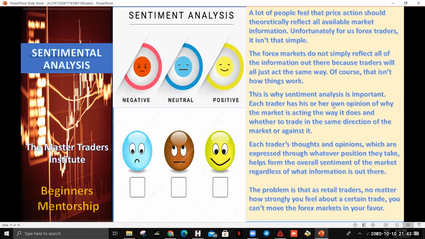Each trader has his or her own opinion of why the market is acting the way it does and whether to trade in the same direction as the market or against it. Each trader's thoughts and opinion, expressed through whatever position they take, help form the overall sentiment of the market, regardless of what information is out there. The problem is that as retail traders, no matter how strongly you feel about a certain trade, you can't move the Forex market in your favor.